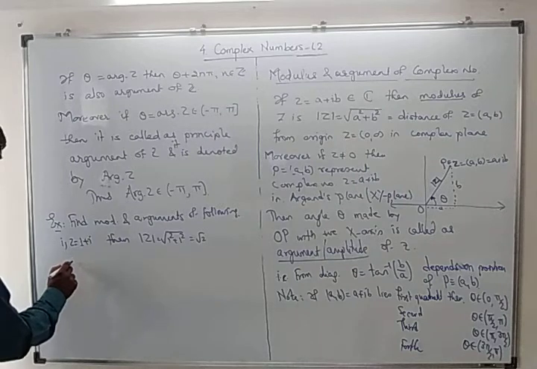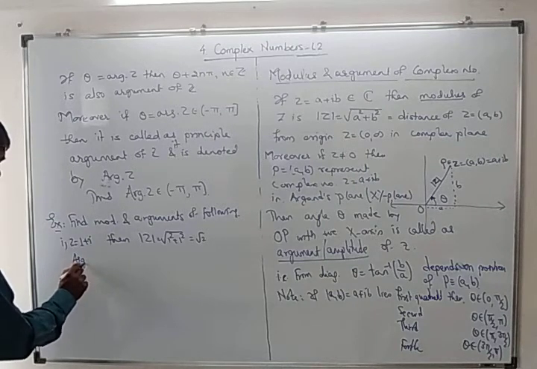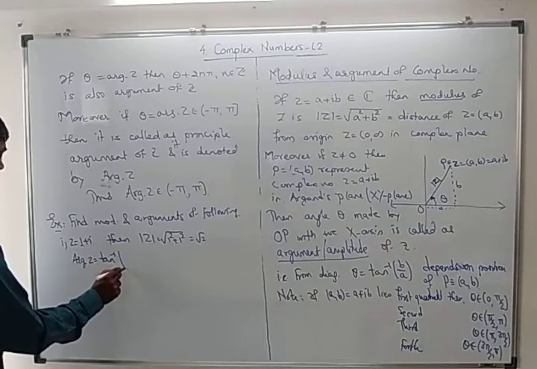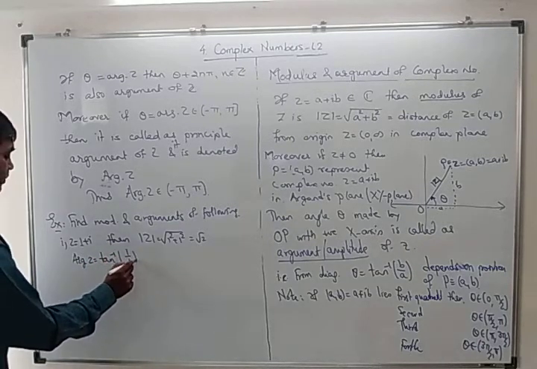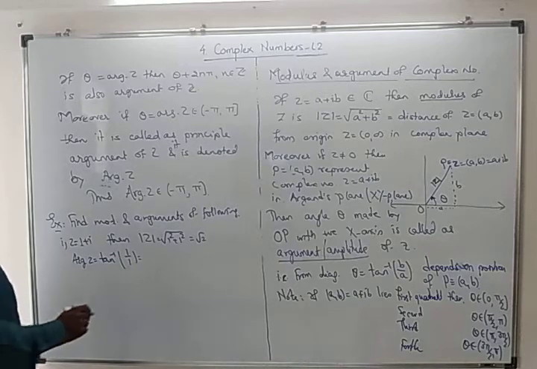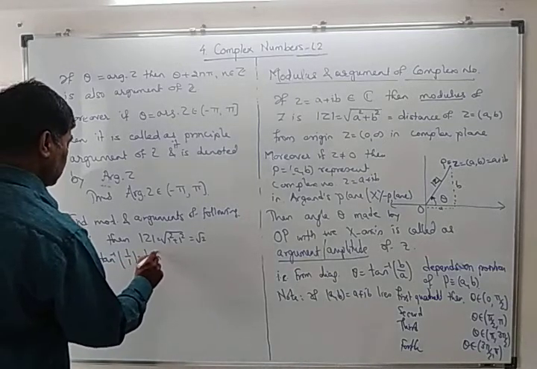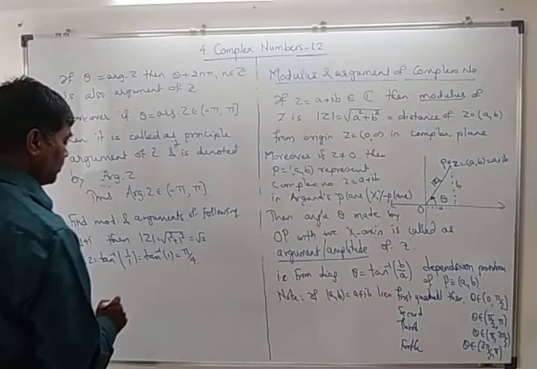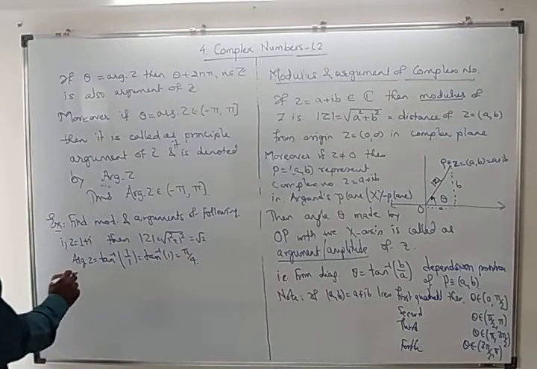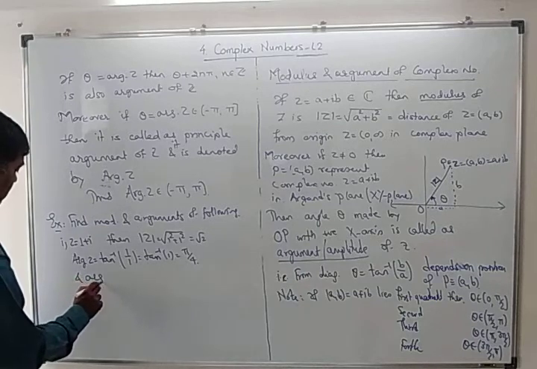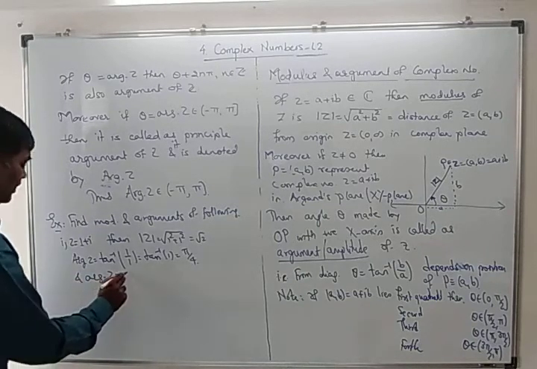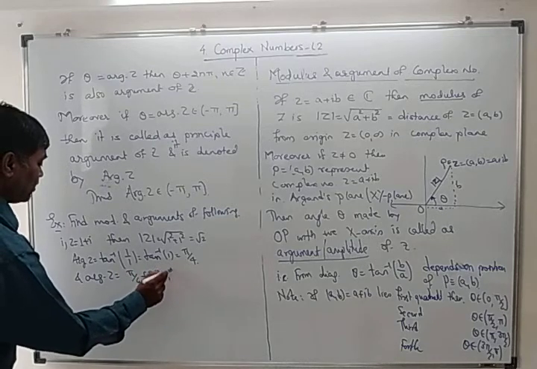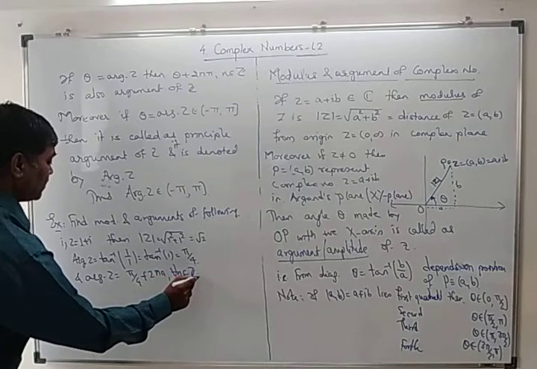Argument of z is equal to tan inverse of 1 upon 1, which is tan inverse 1 equal to pi by 4. And argument of z, small z, is pi by 4 plus 2n pi for any n belongs to Z.